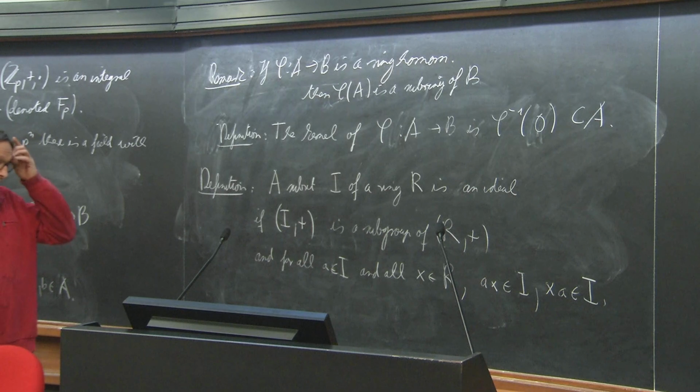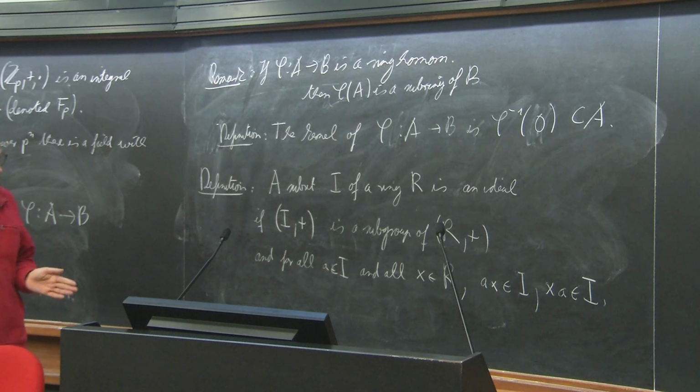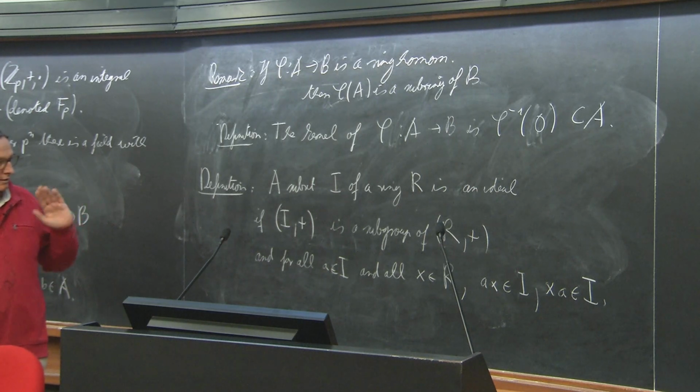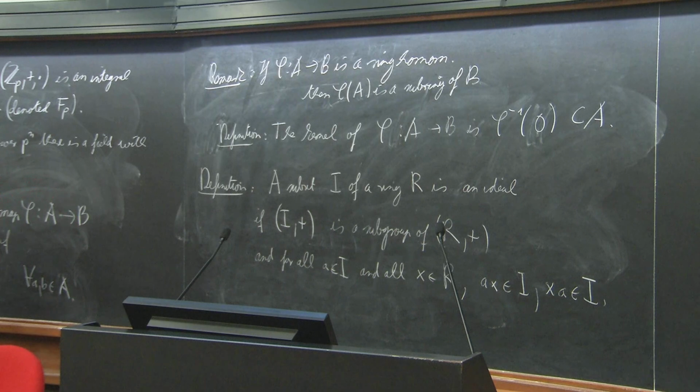It will also lead to the fact that you can take the quotient of a ring by an ideal, and this will be a ring, but you wouldn't be able to do this just for subrings. That later.